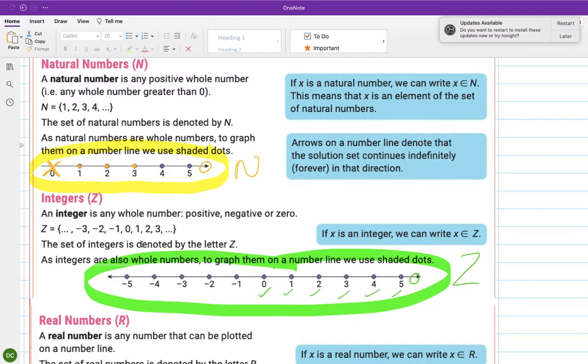Because they're integers, as I said, we include the 0, and we also include your negative numbers. And just like on the positive side, it doesn't stop at -5, so we use the arrow to indicate that it's going to continue. And then again, because integers are whole numbers, we use dots to indicate that we're only talking about the whole numbers and not the halves and the quarters in between.